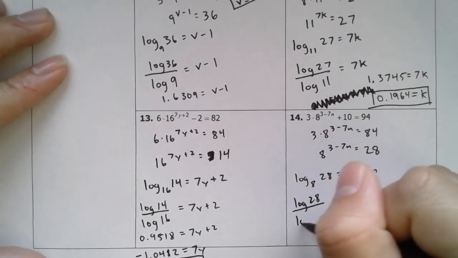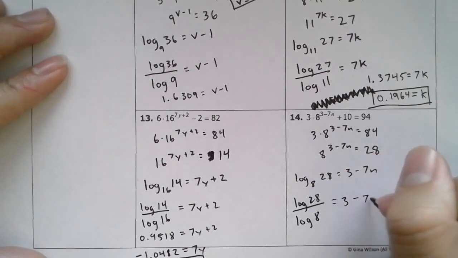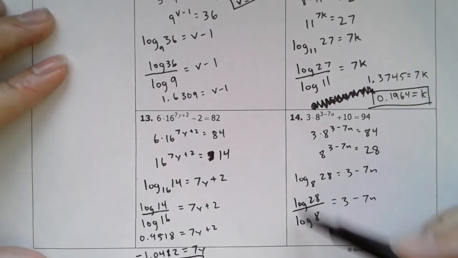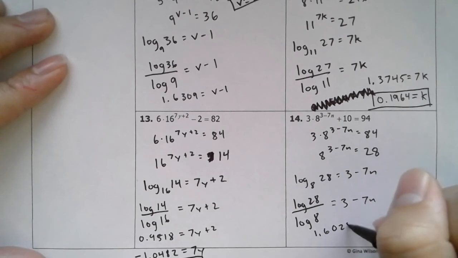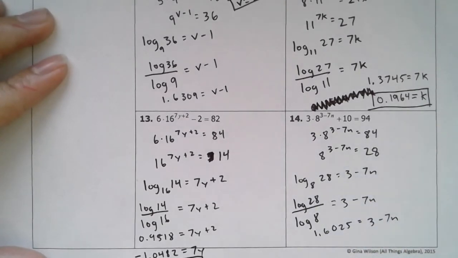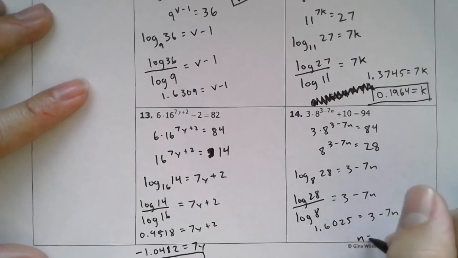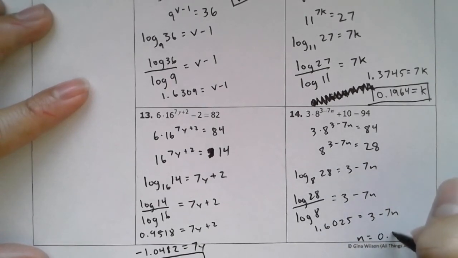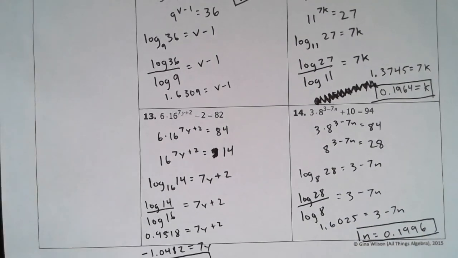Log of 28 over log of 8, that's equal to 3 minus 7n. And then this in your calculators will give you 1.6025 is equal to 3 minus 7n. Subtract 3 and then divide by negative 7. You're going to get that n is equal to 0.1996. Okay, and that wraps up concept 47.